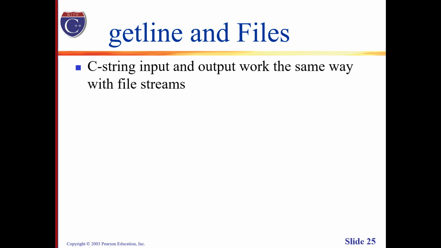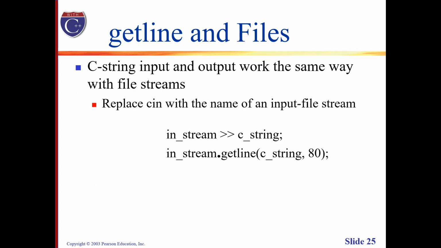C-string input and output work the same way with file streams. Thus, it is compatible when we work with files. For example, we can replace cin with the name of an input file stream, such as this one.